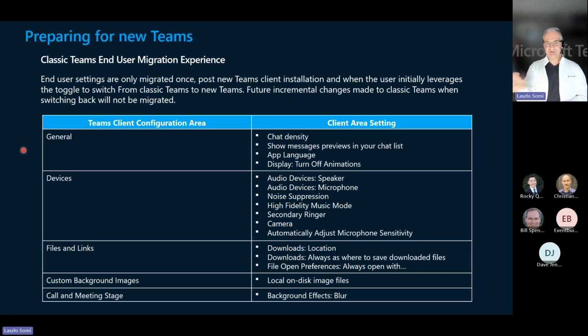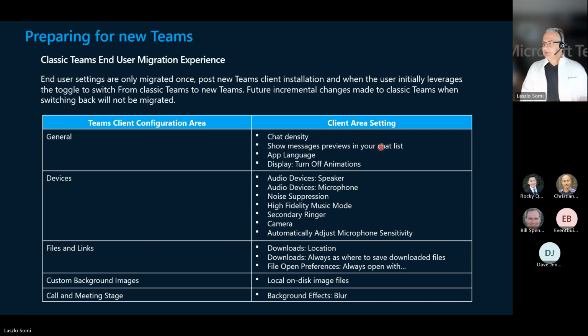So if the user switches back and forth, then starts making changes in classic Teams, and then switches over to new Teams as well, those changes will not migrate over. This will only happen the first time the user does this. Don't expect that if you go back to classic Teams and make a change, then go back over to new Teams, those changes will transfer over. They will not.